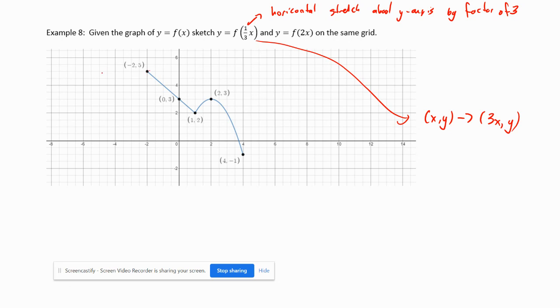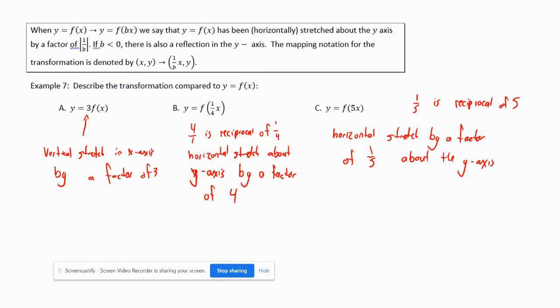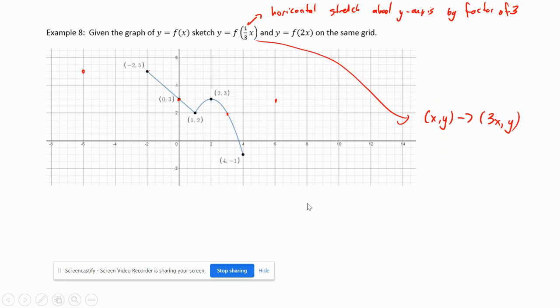(-2, 5) becomes (-6, 5). (0, 3) stays the same, so this is a y-intercept. It's going to be invariant. If I'm stretching it from the y-axis, any y-intercept is going to be an invariant point here. (1, 2), getting tripled, becomes (3, 2). (2, 3) becomes (6, 3). (4, -1) becomes (12, -1).